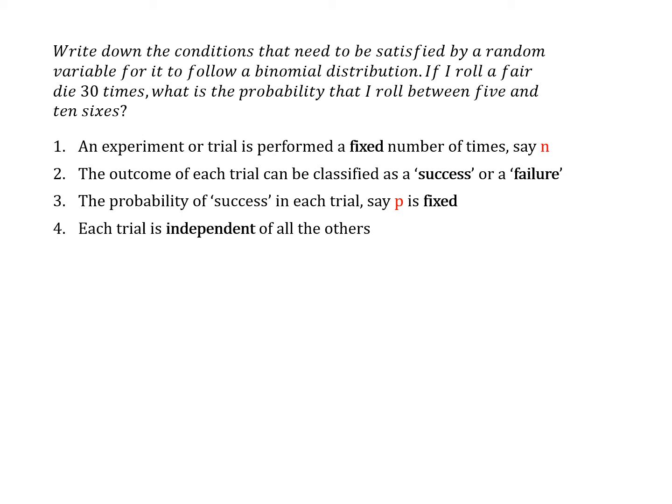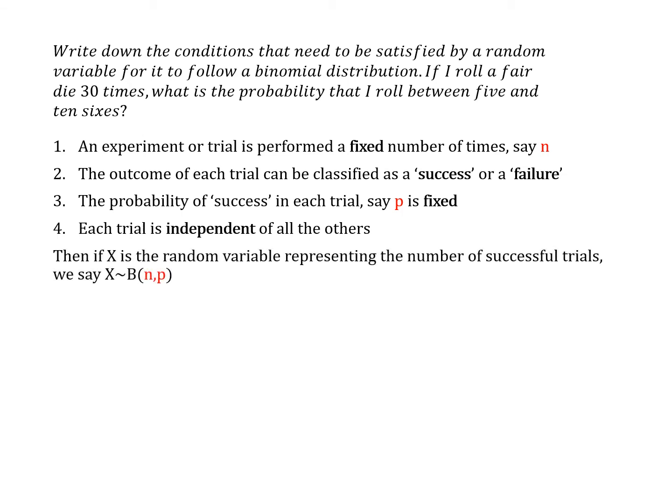So if we can satisfy all of those conditions for any particular situation, then if X is the number of successful trials, X is distributed as B, binomial distribution, with n and p. So that's the answer to the first part.